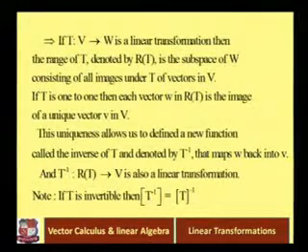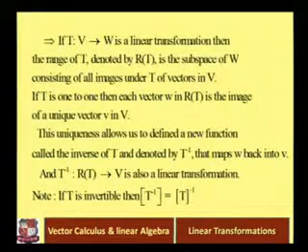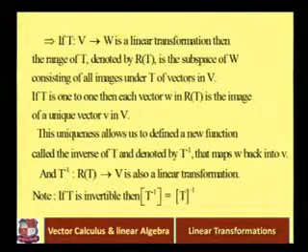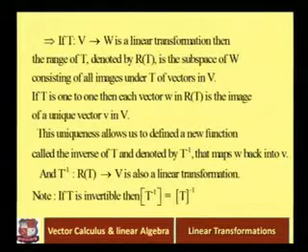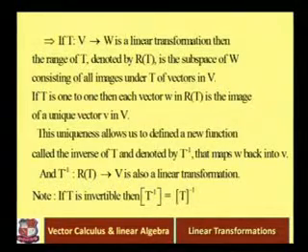So this uniqueness allows us to define a new function called the inverse of T, denoted by T inverse, that maps W back into V. The T inverse defined from the range of T to the domain V is also a linear transformation.